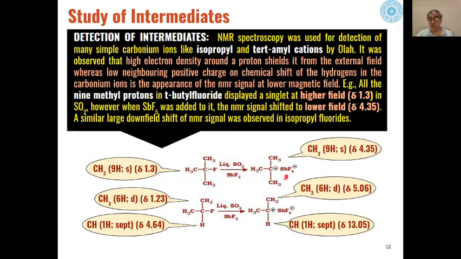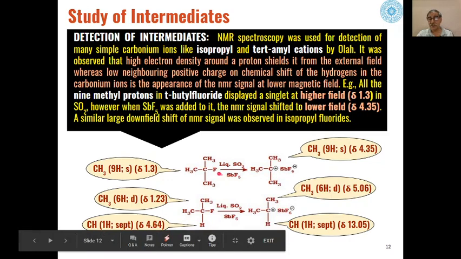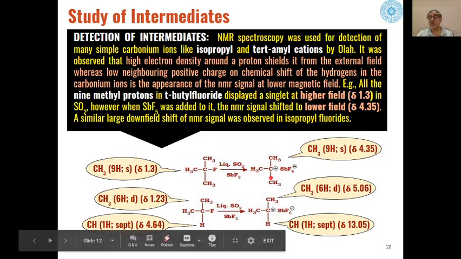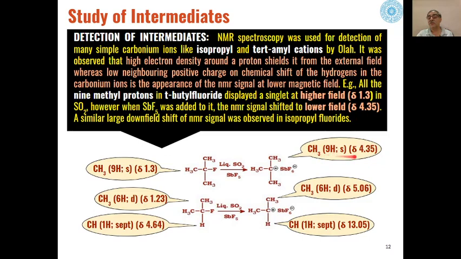Whereas when this intermediate is formed, that elimination of this F creates a positive charge on this carbon, the signal changes from 1.3 to 4.35. So when NMR was taken under these conditions, the methyl groups showed a peak at 4.35, which tells us that such types of intermediates are formed during the reaction.